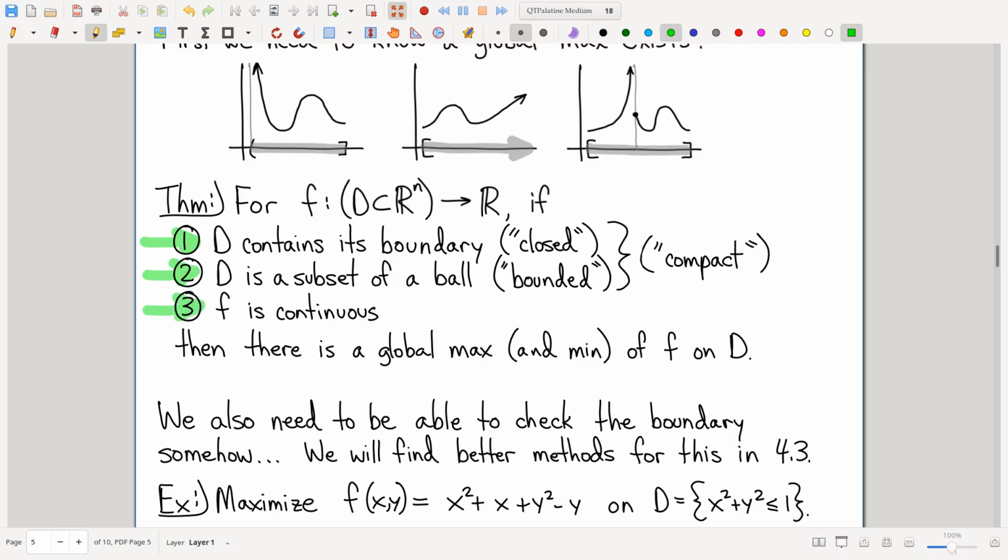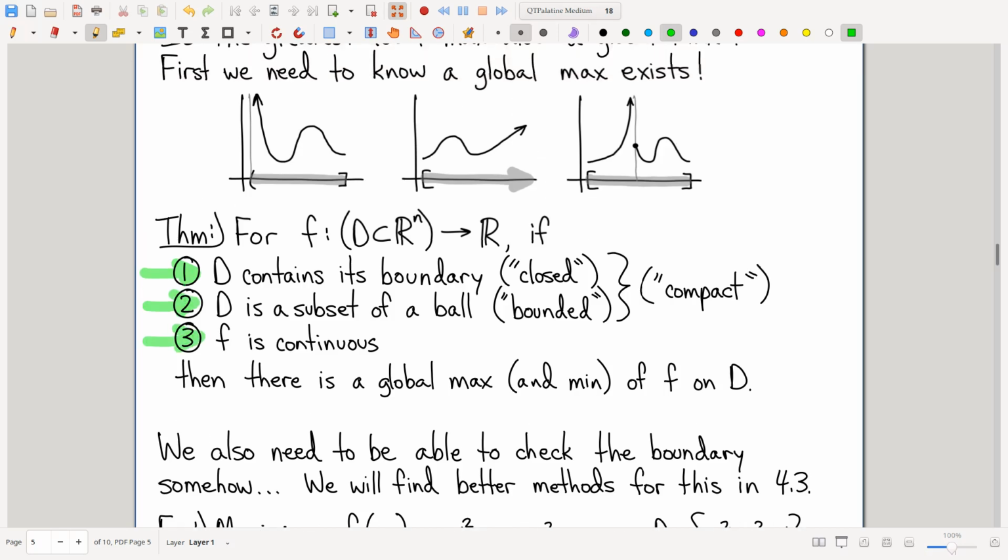And roughly speaking, these three conditions say: if the domain contains its boundary, in other words, if it contains the endpoints, in general, it contains its boundary. If it's a bounded domain, in other words, it's not running off to infinity in any direction. And if there's no discontinuities, if the function's continuous.